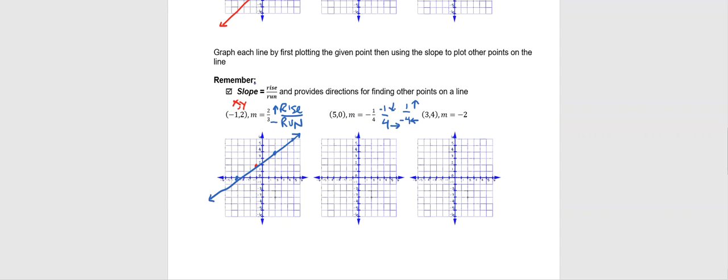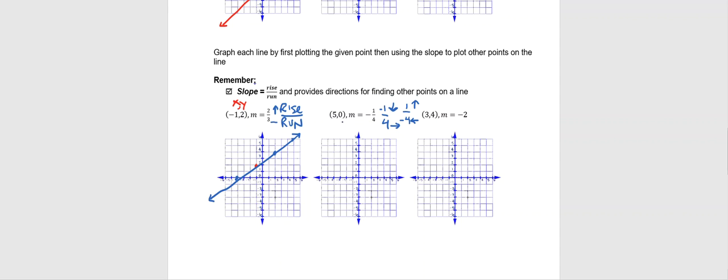So don't be hesitant when you're mapping out what these points are going to look like. Don't be hesitant to write out the slope like this with these directional arrows. So once I establish my starting point, I'll know that in one case I can go down and to the right, -1 over +4, or in the other case I can go up and to the left, +1 over -4.